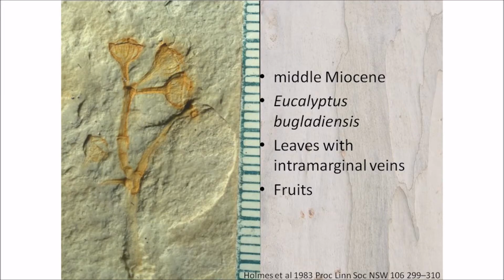Again here, middle Miocene, so very young. These are around 22 million years old. Described as eucalyptus, there are leaves that we've seen before, but there are also these fruits associated with it, the typical inflorescences, the capsule, and various other characters that allow us to place that within this genus.